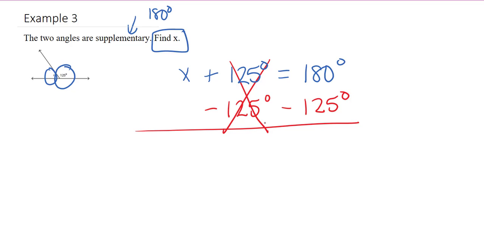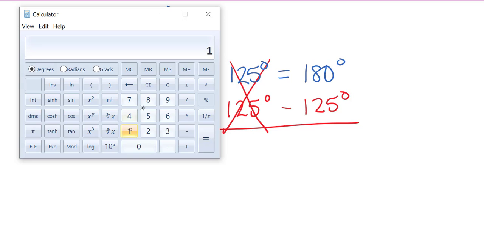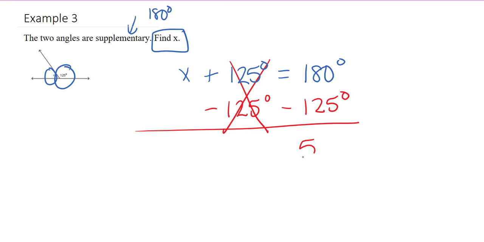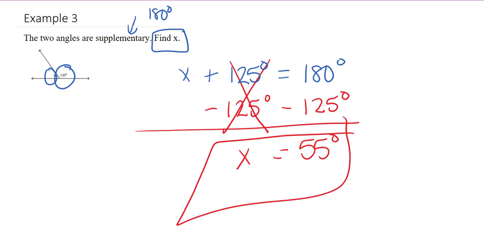This gets it to 0, and we do it to the other side, so now we have 180 minus 125, and we get 55 degrees. So x is equal to 55 degrees. Now let's do the next example.